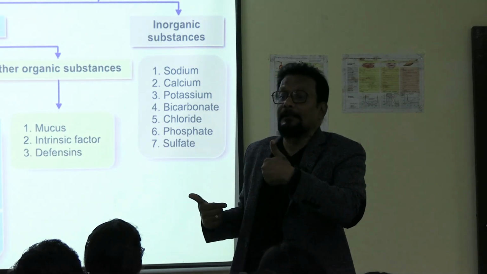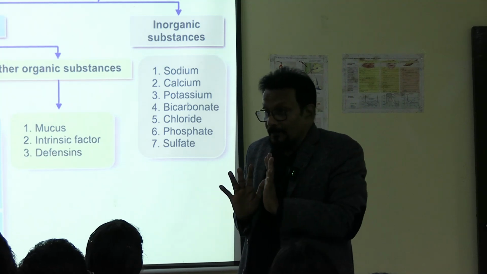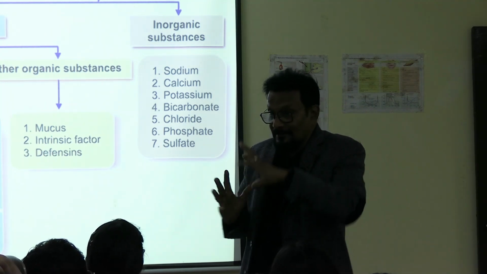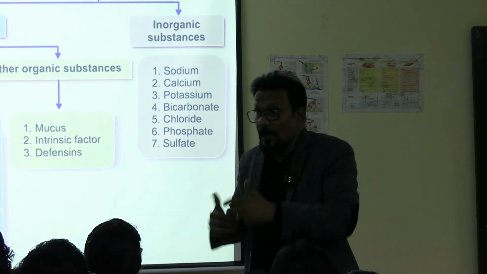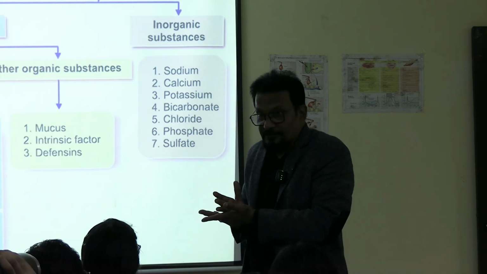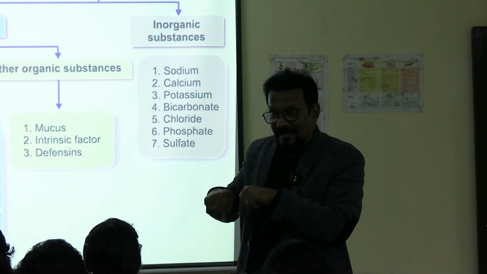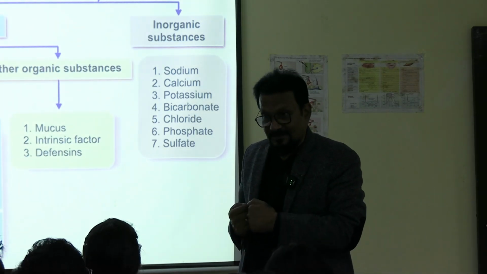Say adenyl cyclase. Before, it was hidden; now, because of the conformational change, adenyl cyclase is activated. Its duty is to convert ATP into cyclic AMP. This cyclic AMP is the second messenger.